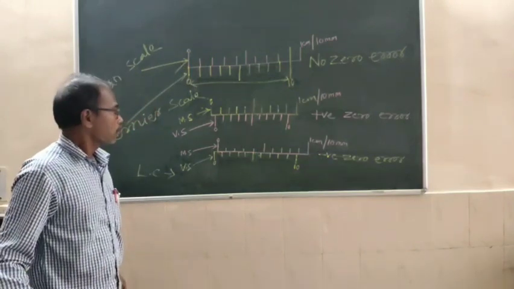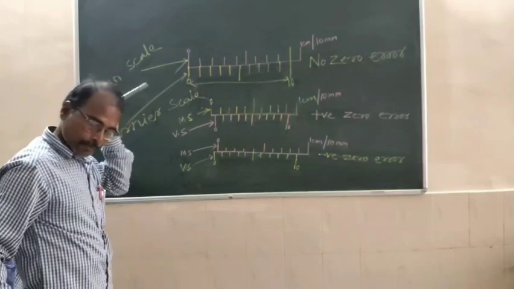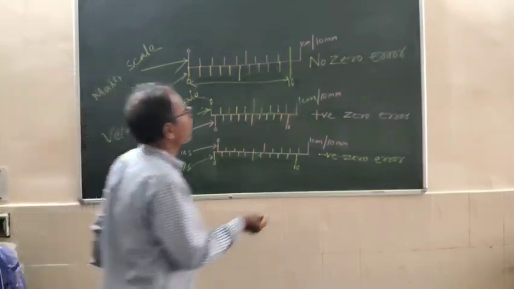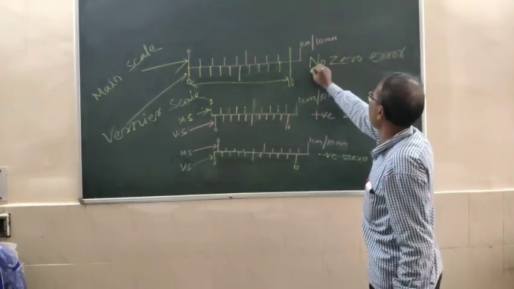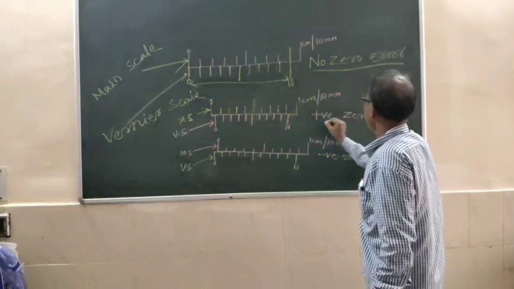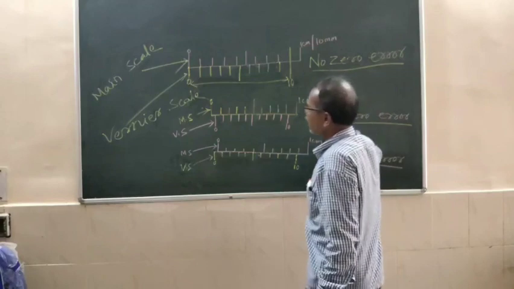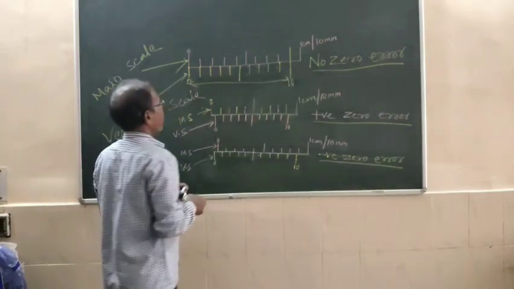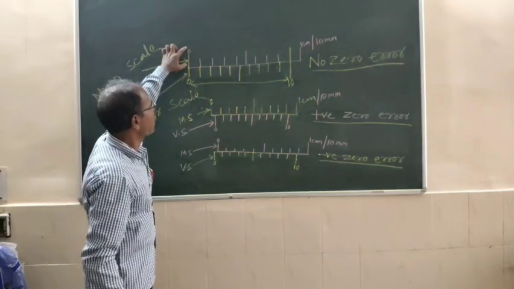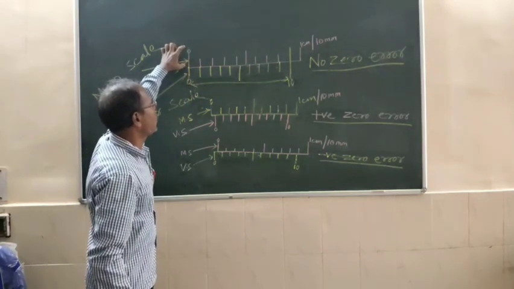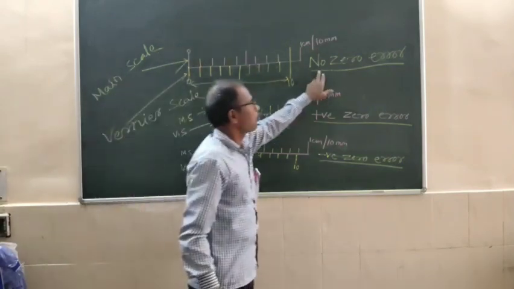Before finding the least count of the vernier scale, we discuss error: zero error, no zero error, positive zero error and negative zero error. When the zero of the vernier scale lies on, or coincides with, the zero of the main scale, it is known as no zero error.